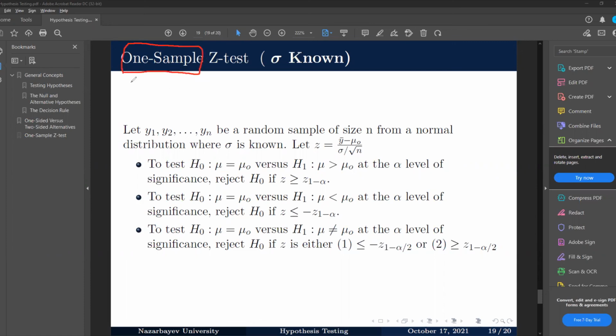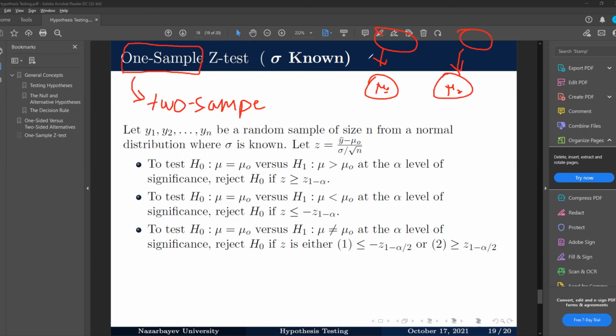We had a single sample, and that is going to change to two samples. So we'll consider cases when we have two samples coming from different populations with some unknown parameters, let's say mu1 and mu2, and we'll do hypothesis testing comparing the means of the two populations.